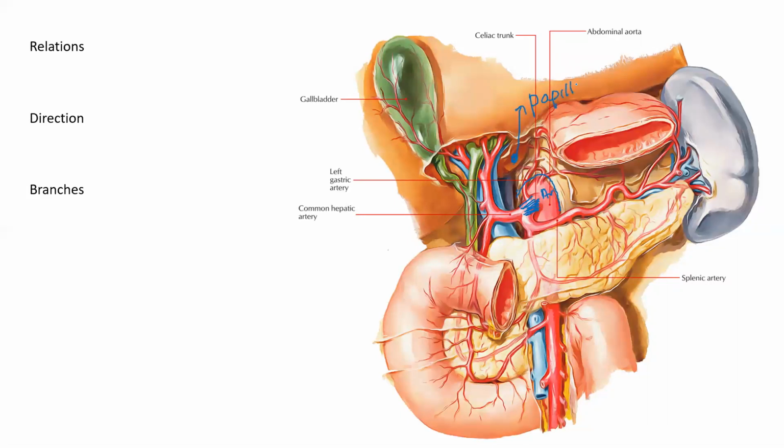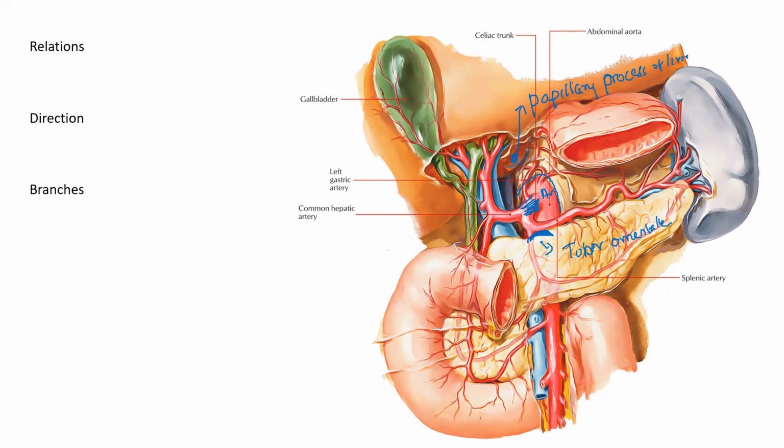The origin of the celiac trunk, above it is related to papillary process of liver, and below it is related to the elevation that you see here in the upper border of the body of pancreas, that's called the tuber omentale.